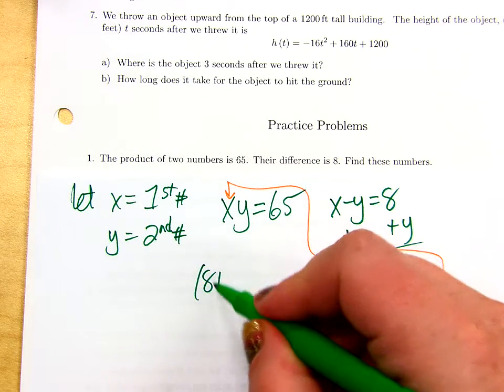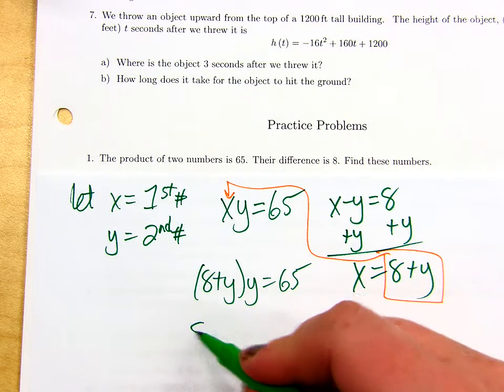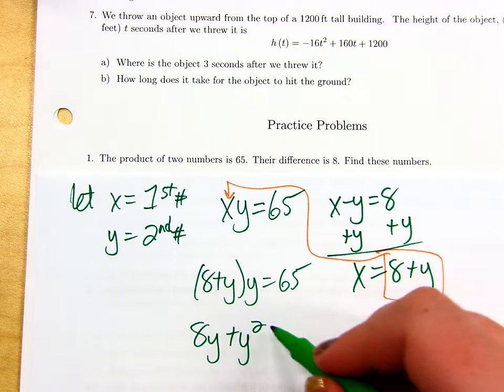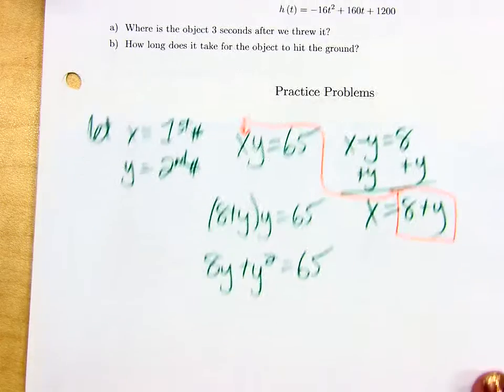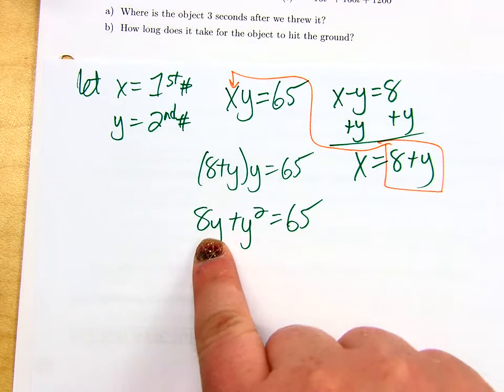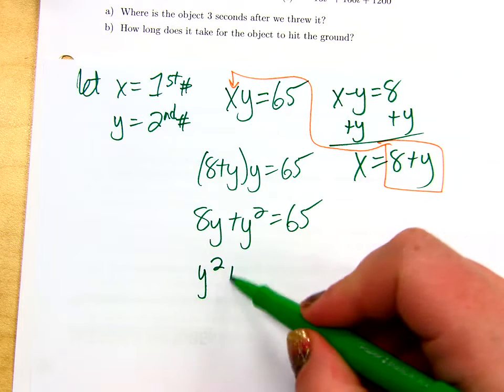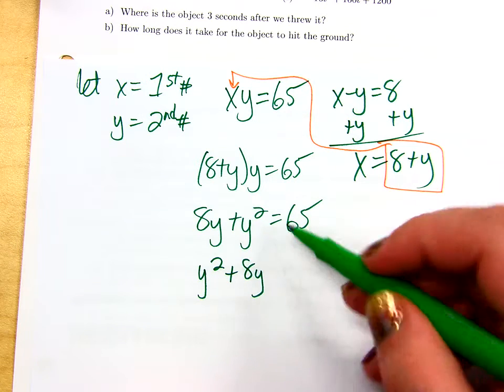So now I have 8 plus y times y equals 65. Distribute, we'll get 8y plus y squared equals 65. It's a quadratic. I can't solve by square rooting because it has a y term. Let me try and factor. I'll write it in standard form first. So let's minus the 65 over.